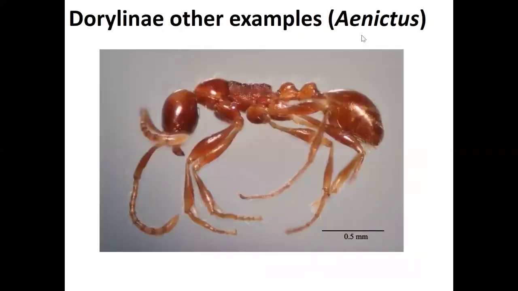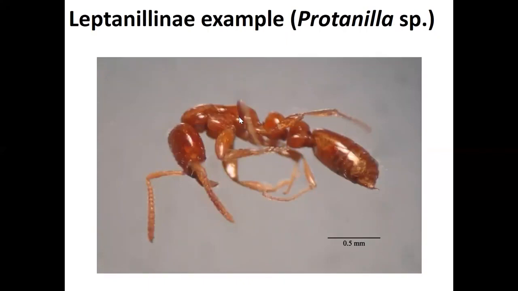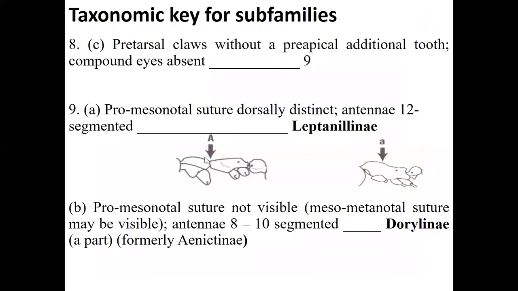Then this is Aenictus. This is one of the Aenictus members, one species of Aenictus, and there I mentioned the number of segments of the antenna, 8 to 10, right? And promesonotal suture not visible in this manner.